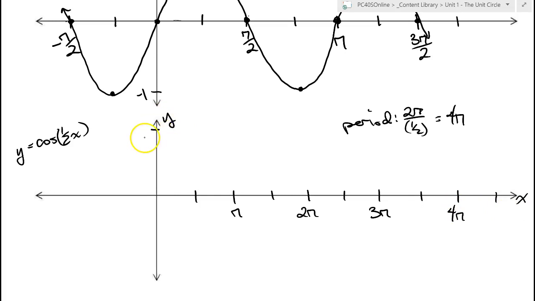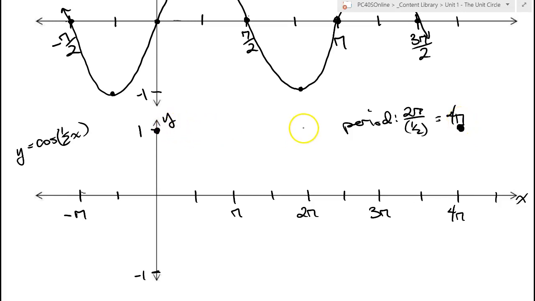So let's make this a little bit more obvious. Okay, so cosine again starts at +1. Because my period is 4 pi, I won't reach +1 again until 4 pi.